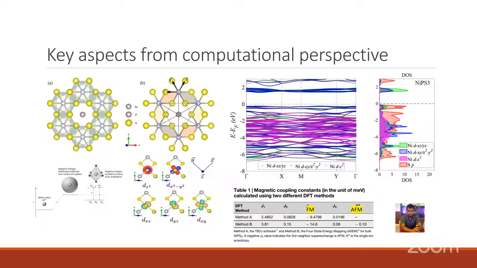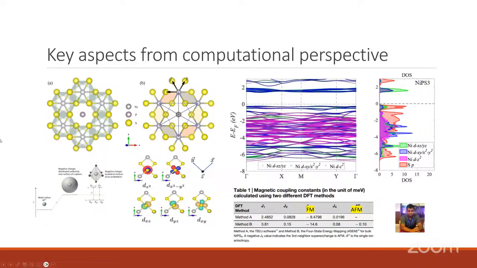There are still many debates that remain for the same material, the same compound. So it's better for us to dive slightly deeper into the microscopic mechanism of the spin interactions and try to understand how to exclude or include more spin interactions to give a better description of experimental behaviors.